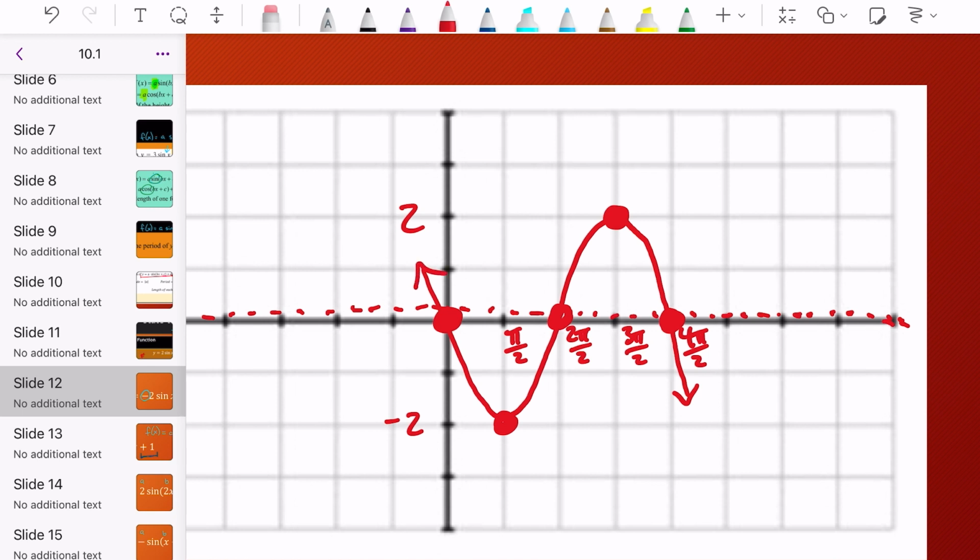Notice we want to draw arrows going on both sides due to the fact that this cycle would continue to happen period after period. Now let's go ahead and take a look at slide 13.